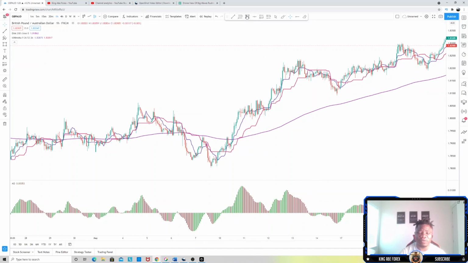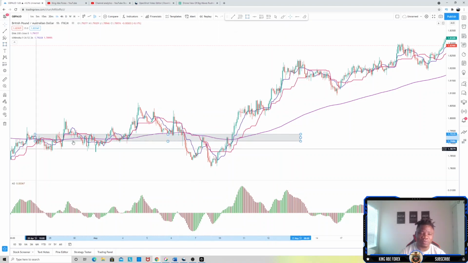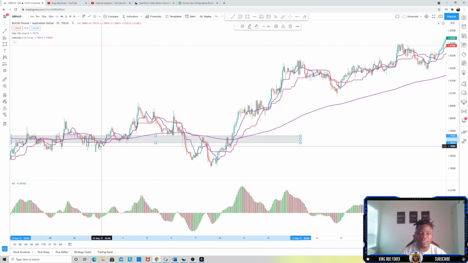Right over here, we can see that this is our resistance zone, and to the left side we can see that we had a support zone as well.